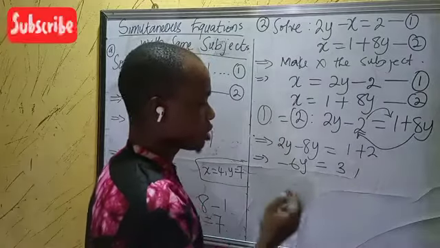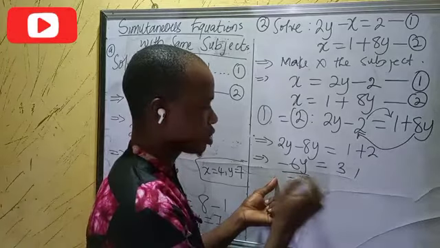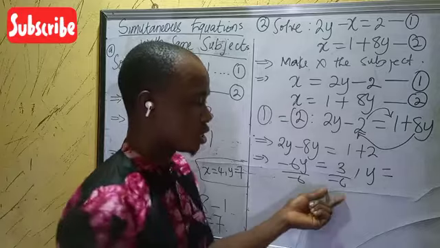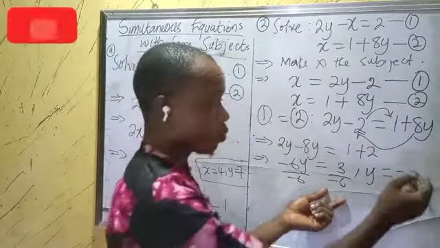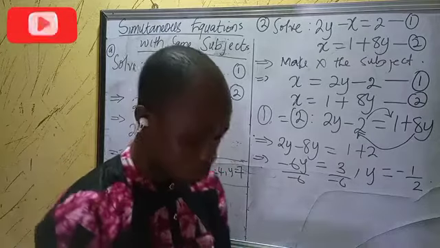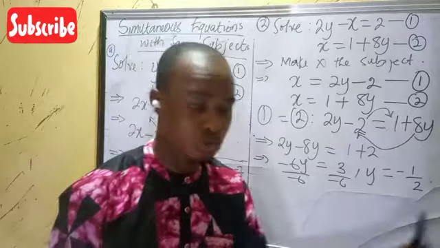When we divide both sides by minus 6, are you getting it now? We are going to have y equals minus 1 over 2.